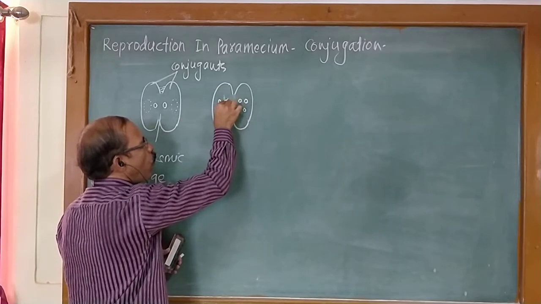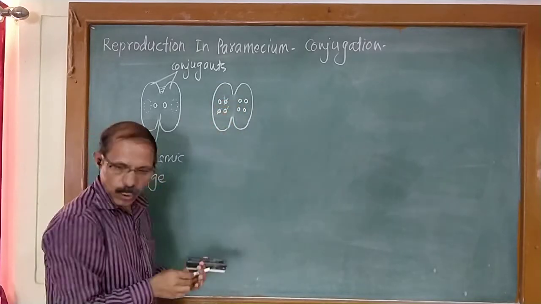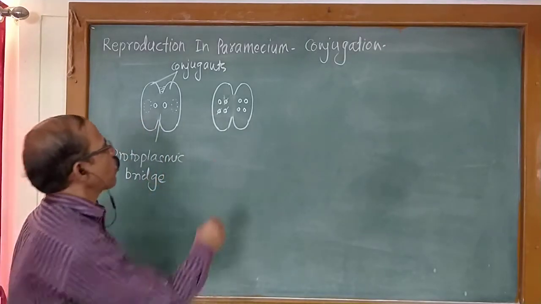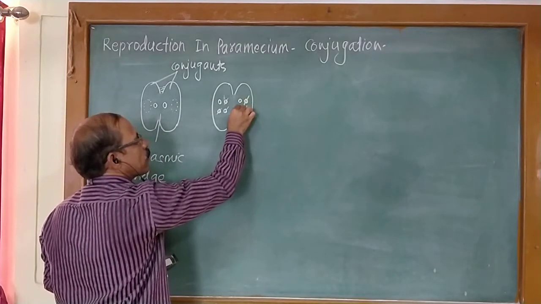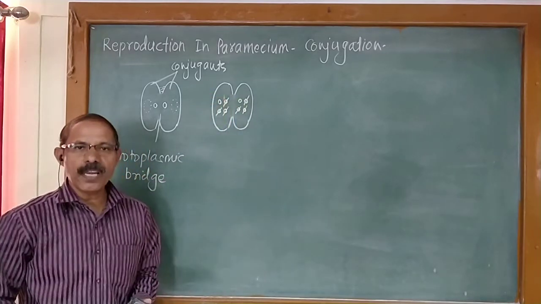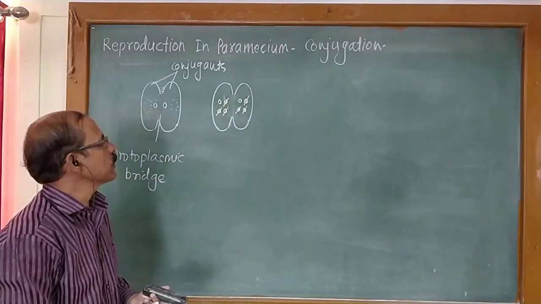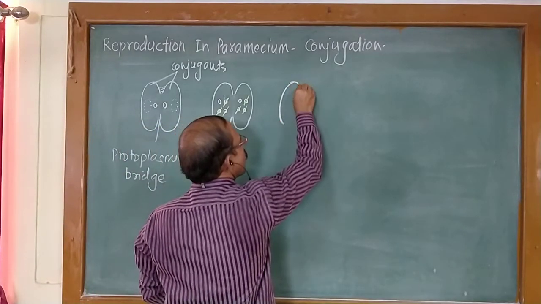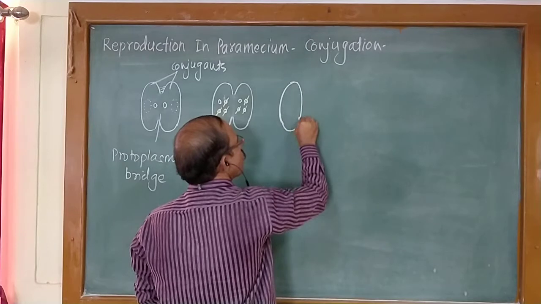Three out of 4 micronuclei degenerate or disintegrate. Only 1 micronucleus remains in the ex-conjugant.